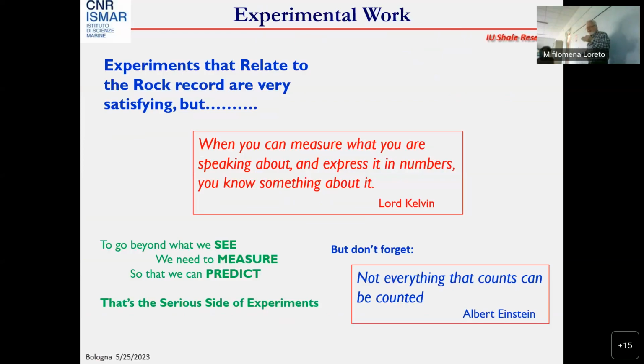But the next step after that is basically, okay, we can make these sediments do certain things. Now let's try to measure how fast they do it, and what variables make them do it more or less. Because once we have that, we go beyond what we see, and we can measure, and we can also predict.